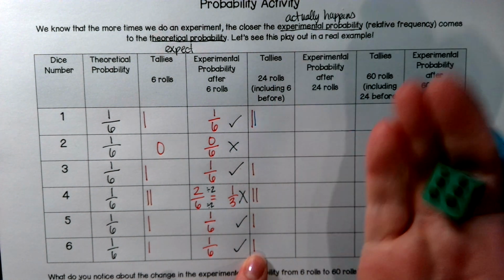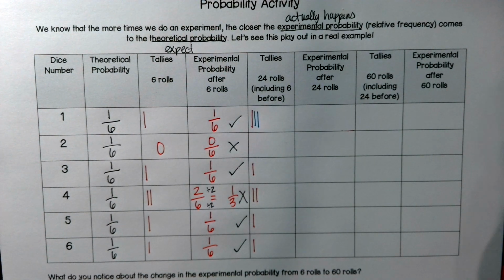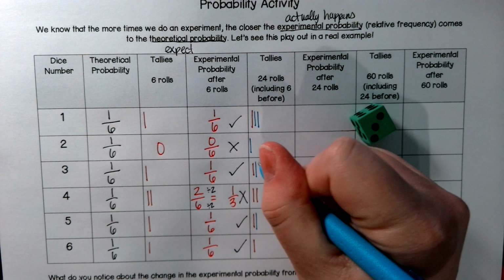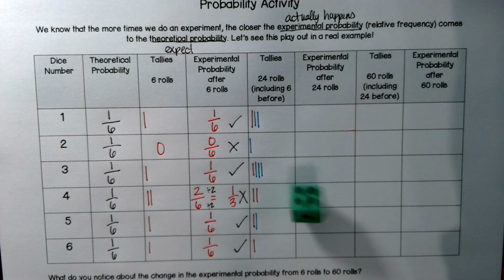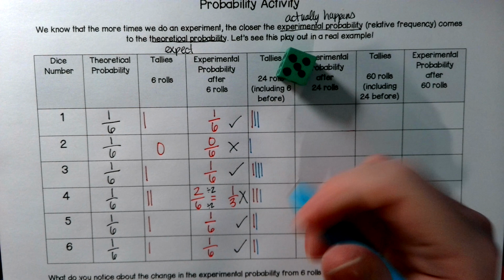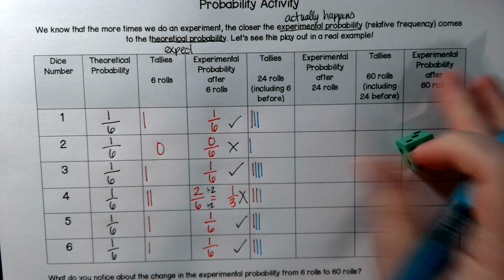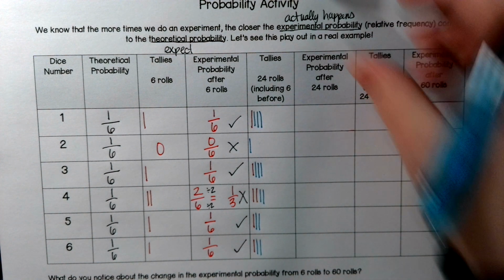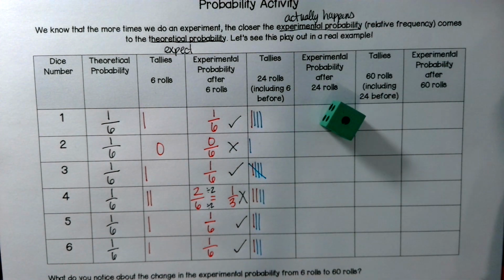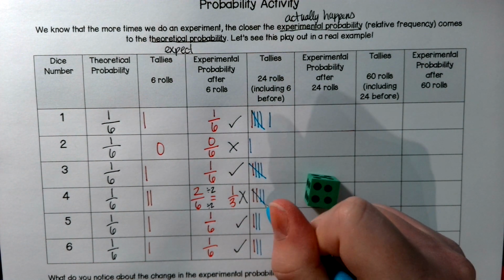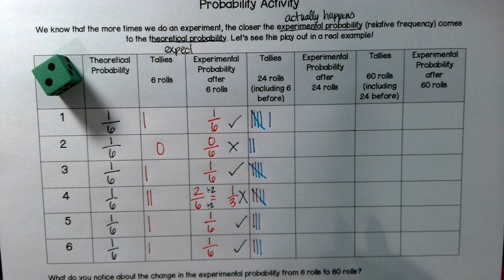So I've got another 1, another 1, a 2, a 5, 11 rolls, 12, 13, 14, 15, 16, 17, and there's my 24 rolls.